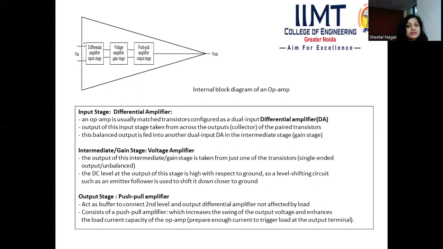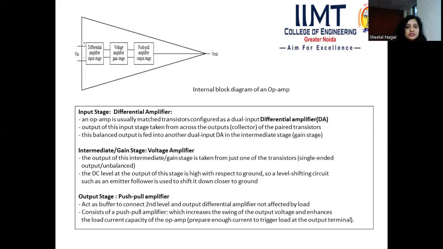This balanced output is fed into another dual input amplifier in the intermediate stage, that is the gain stage. Again, we send the amplified output to the gain stage. Here, we use a voltage amplifier to provide more gain for the operational amplifier.